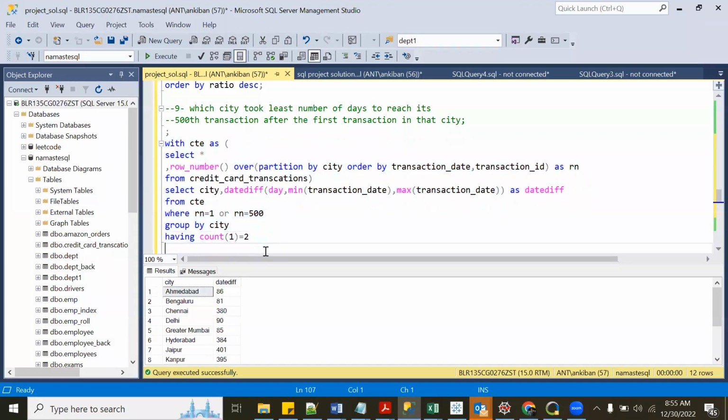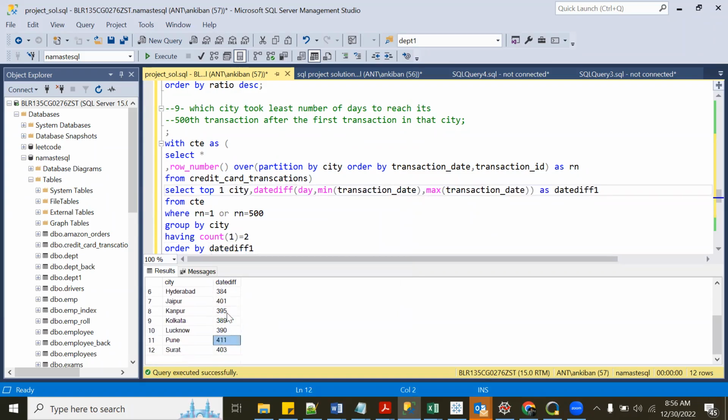Least means order by ascending, right? I want least, and I can say top one. So which city should it be? Should be Bangalore, right? Bangalore, sir. In Bangalore, people are spending a lot of money on credit cards.